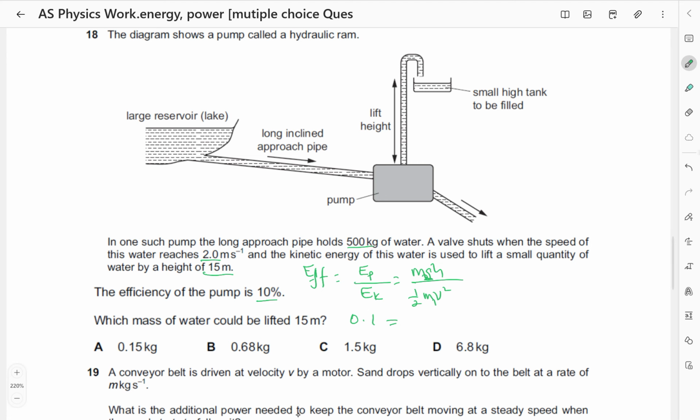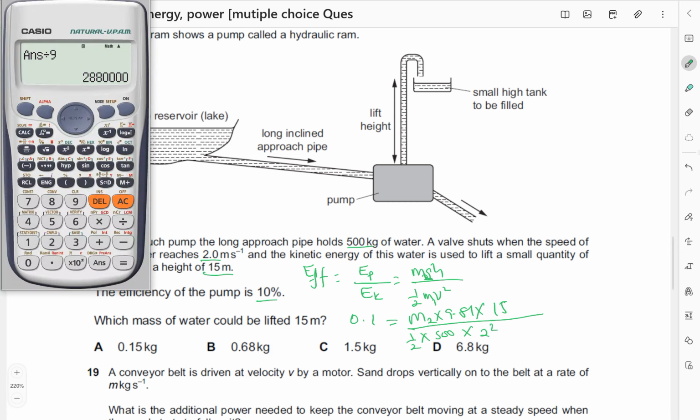So this is going to be 0.1 is equal to m2, the water which is lifted up, times g, which is 9.81. It is lifted through a height of 15, so I will say times 15, divided by a half the mass of the water which is held in the long approach pipe, which is 500, times the speed it reaches, which is 2, but this is squared.